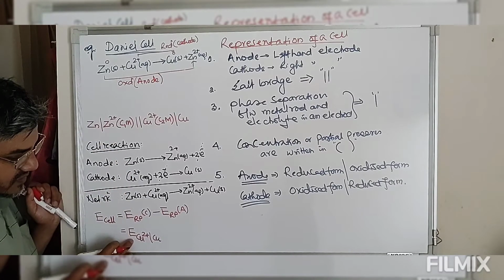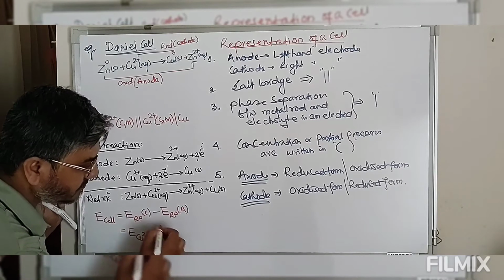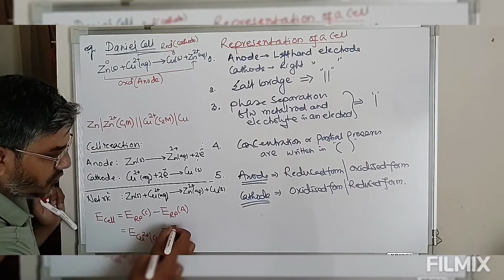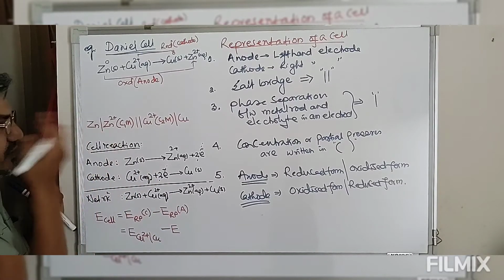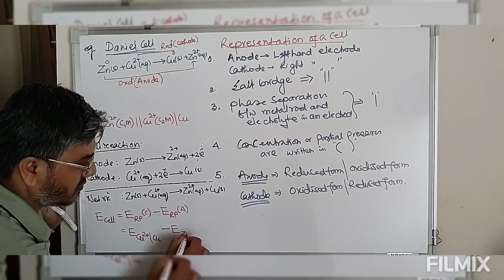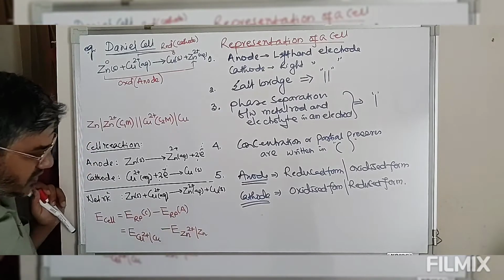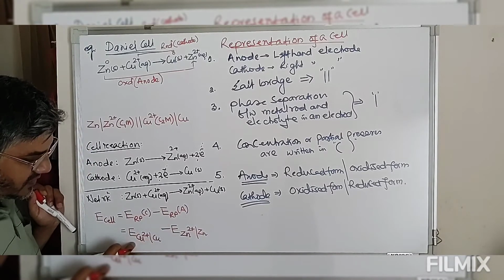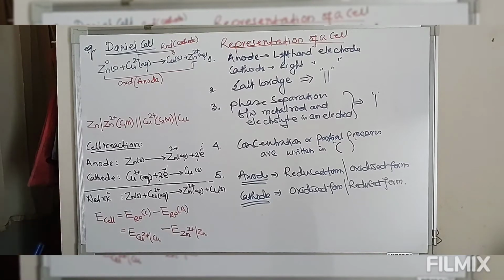So this represents reduction potential of cathode minus reduction potential of anode. This is the anode. So reduction means zinc +2 to zinc.